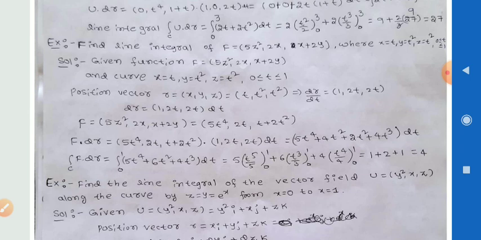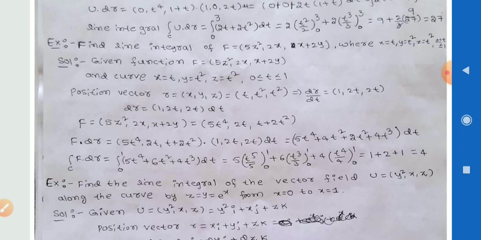By integration, we get 5 times t^5 by 5, plus 6 times t^3 by 3, plus 4 times t^4 by 4, applying the limits 0 to 1, which equals 1 plus 2 plus 1, that is equal to 4.